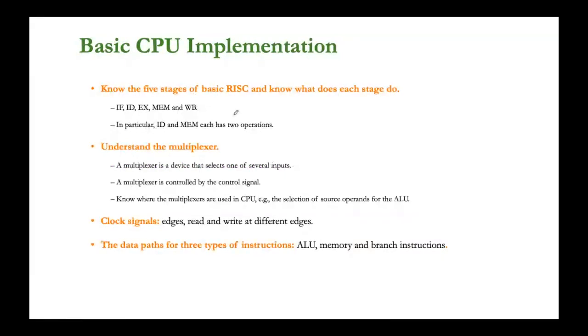You need to know the 5 stages of RISC and what each stage does: instruction fetching, decoding, execution, memory access, and write back. Particularly, instruction decoding and memory access each have 2 different operations.